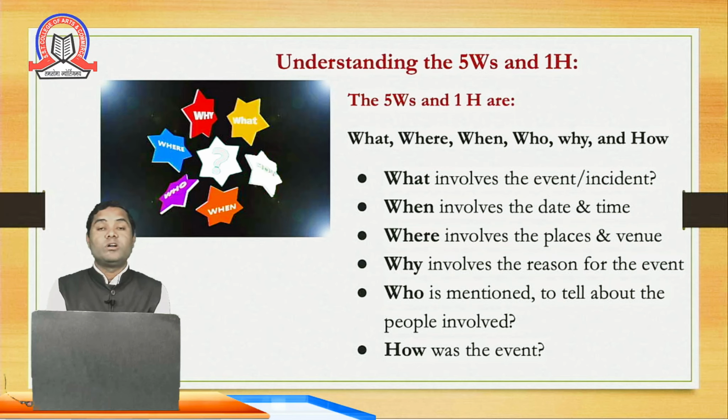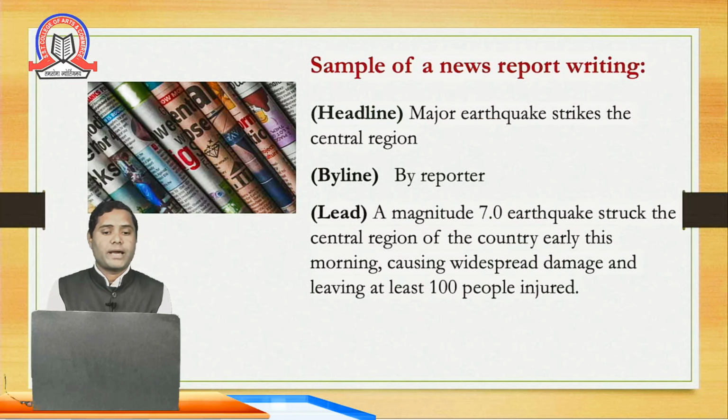Where involves the place and venue where the incident took place. Why involves the reason for that particular event or incident, and who tells about the people involved in this particular incident, and how was the event. You have to answer all these questions, so your news report will be very appropriate.